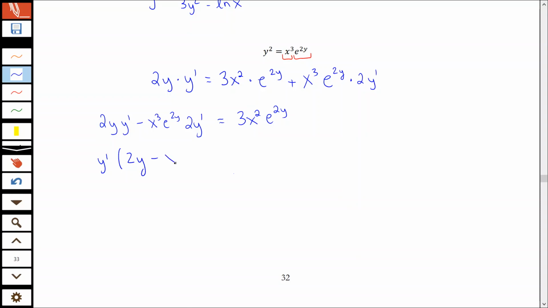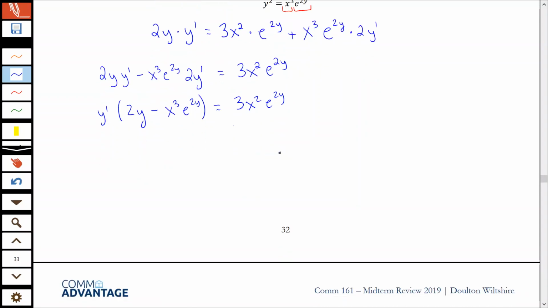So 2y minus x cubed e to the 2y. And then we can divide both sides by whatever we're multiplying that y prime with. And again, this isn't pretty, but the point here is just to get y prime by itself. And there we go.